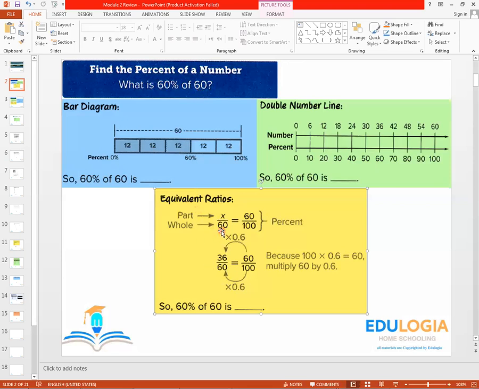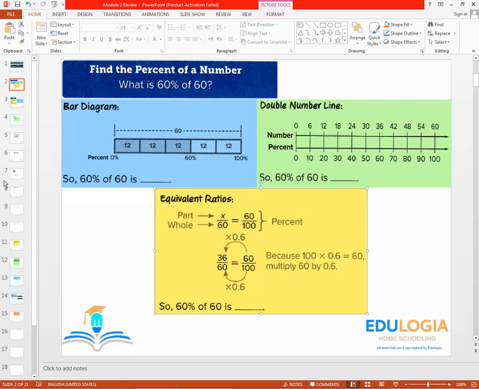Write it down: 60 over 100 equals 60 down, and the x, the part above. To find the value of x, we can make cross multiplication, multiply 60 by 60, and then divide by 100. You will get 36.